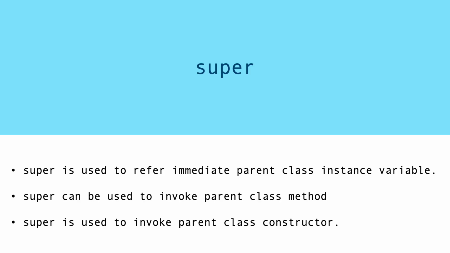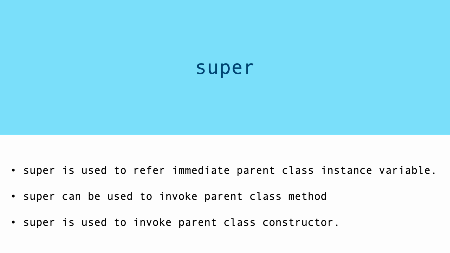Let's go to the next keyword, which is super. Super, we especially use during the concept of inheritance. So let us see what the use cases of super are. As we all know, inheritance is one of the object oriented programming concepts in Java, where we can inherit the methods and variables of the superclass into the subclass.